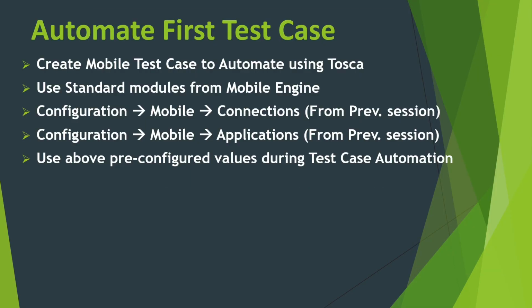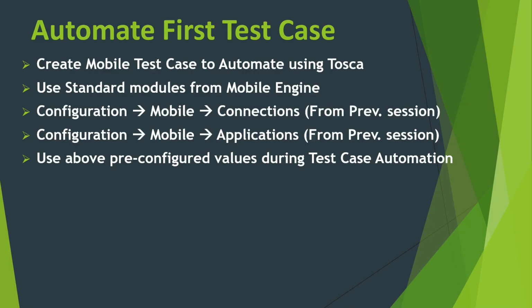The agenda for today's session is I'm going to show you how we can create a mobile test case to automate using Tricentis Tosca. I'm going to show you how we can use standard modules from mobile engine while automating your test cases, and we are going to take help of the configurations related to connections and the applications that we have established in our previous session.